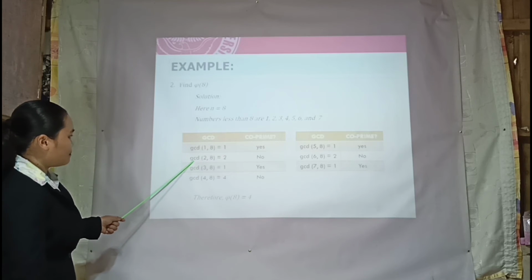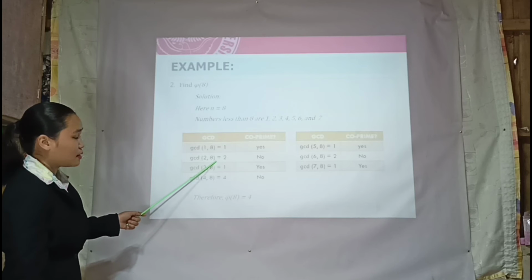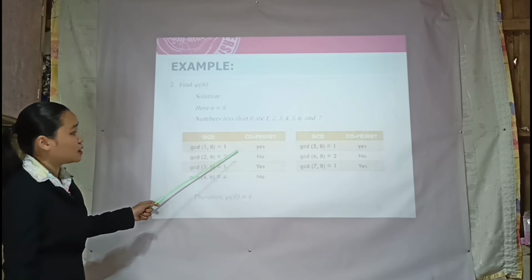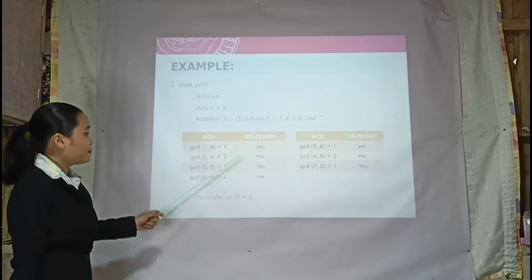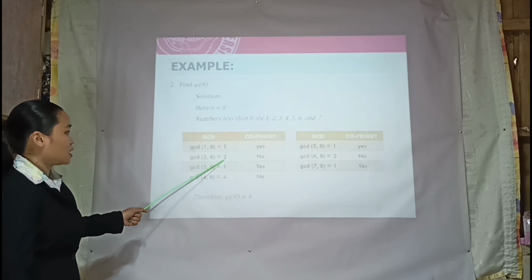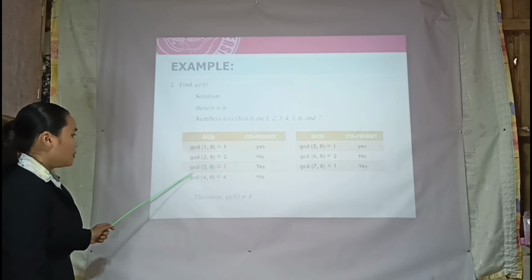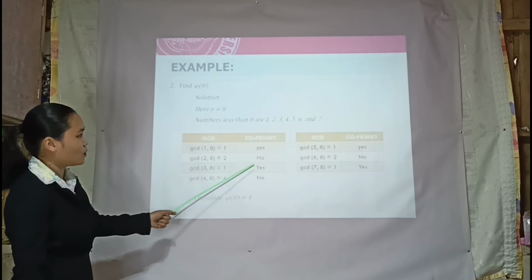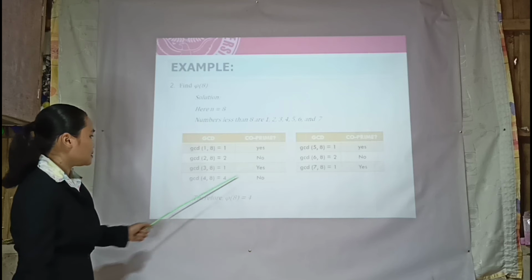For the number 2, we have the GCD of 2 and 8. The answer is 2, so it is not a co-prime, because when we say co-prime, the answer will be equal to 1. Since the answer is 2, no. The GCD of 3 and 8 equals 1, so the answer is yes.